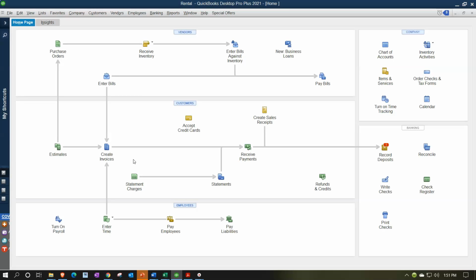So if you were going to use a periodic type of system, then instead of tracking perpetually, as we just talked about, where every time you enter an invoice we would be decreasing the inventory and recording the cost of goods sold and tracking that in the system, you would just be basically doing the same thing as you would be doing on a service item when you create an invoice.